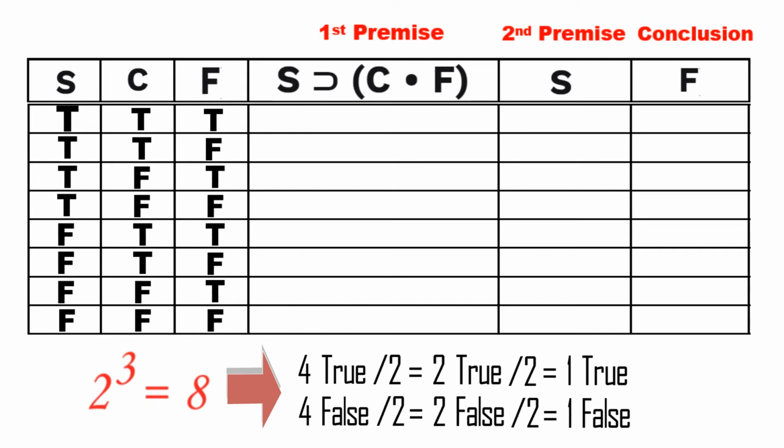Since we already have the truth values of the constants S, C, and F, we can now determine the truth values of the premises and the conclusion. Please note that we need to provide the truth values of all the premises and the conclusion before we can apply the rule in determining the validity of an argument. So, let's provide the truth values of the premise.